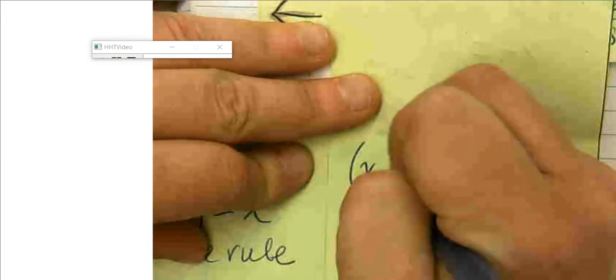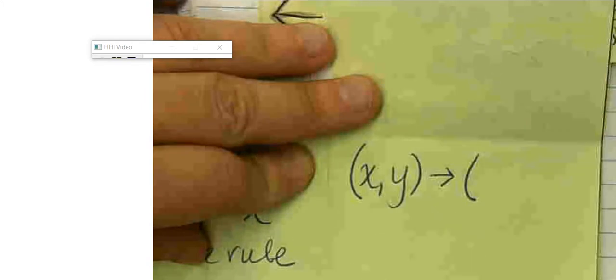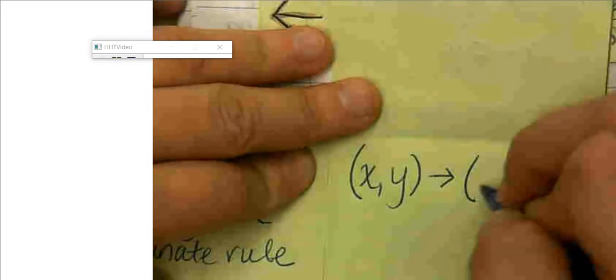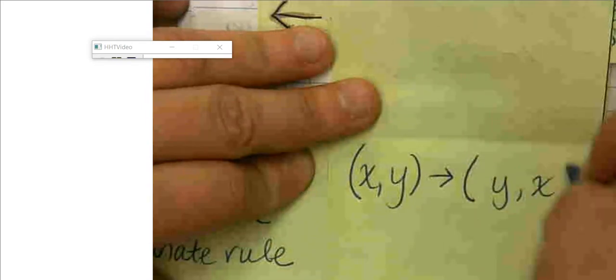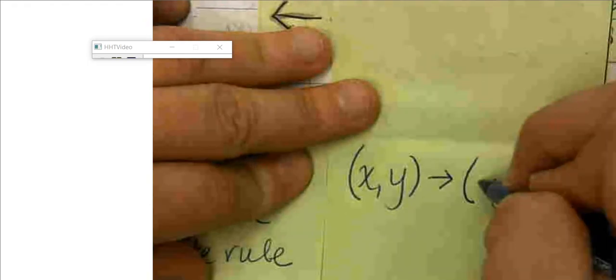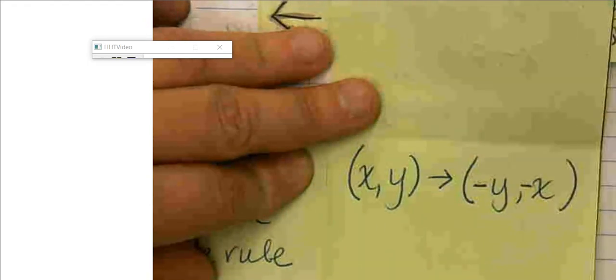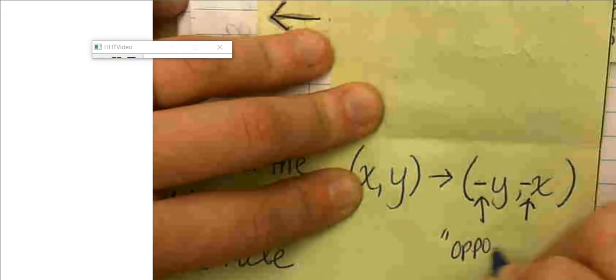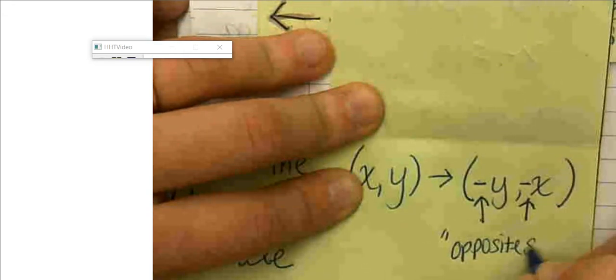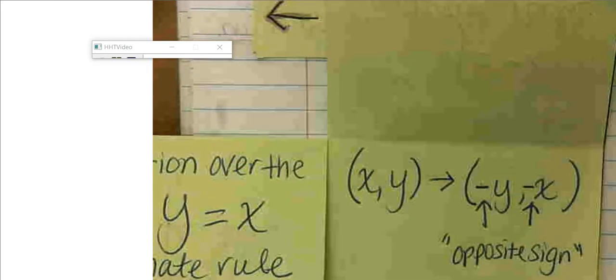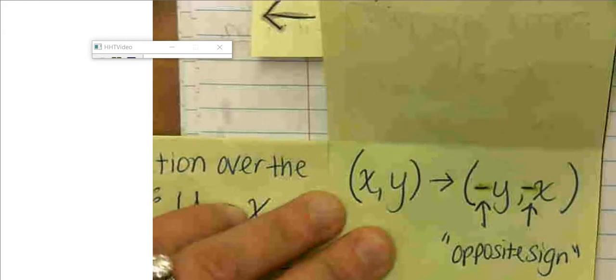x, y, or your ordered pairs, change into, instead of just y comma x, where you're flip-flopping x and y, both of the signs will be opposite signs. So these negatives don't mean that it automatically turns negative. Instead, these negatives indicate the opposite sign of. So they become opposite signs. So if x was negative, it becomes positive over here.